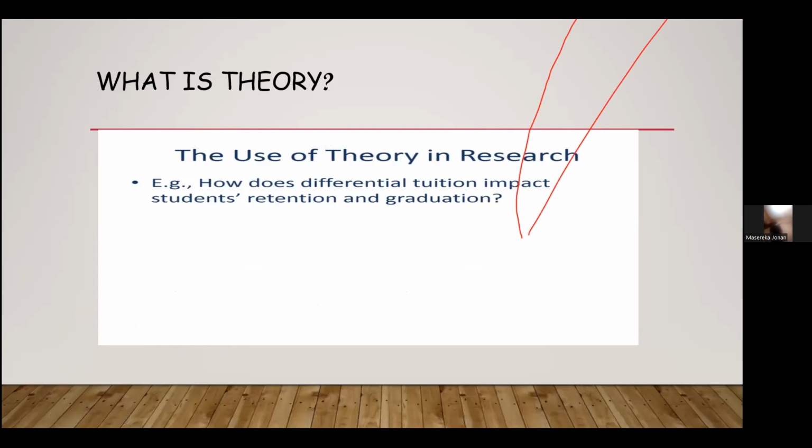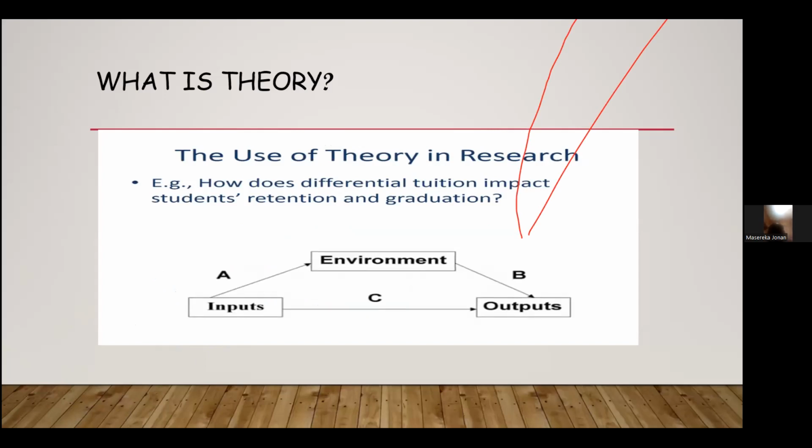For example, let's say our research question is, how does differential tuition impact students' retention and graduation? To come up with a hypothetical explanation, we may employ Astin's input-environment-output model of college effects. The theory basically says that individuals' input as well as environment determines outcomes.